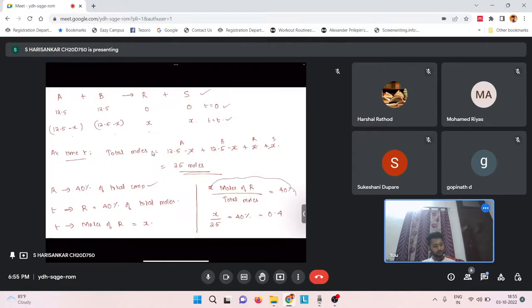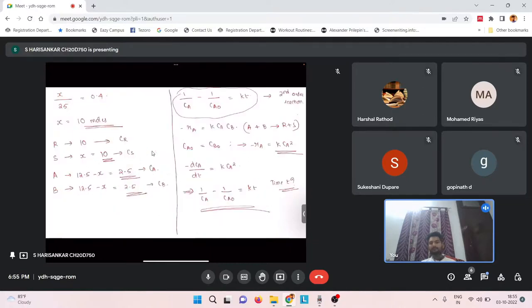So we can write moles of R by total number of moles is equal to 40% or 0.4, and moles of R is basically just X and the total moles is 25. So X by 25 will be 0.4, and by solving this we will get X as 10 moles, or the concentration of R, Cr, is 10 moles. Similarly Cs will be 10, Ca will become 12.5 minus 10, that is 2.5, and Cb will be 12.5 minus 10, that will be 2.5 again.